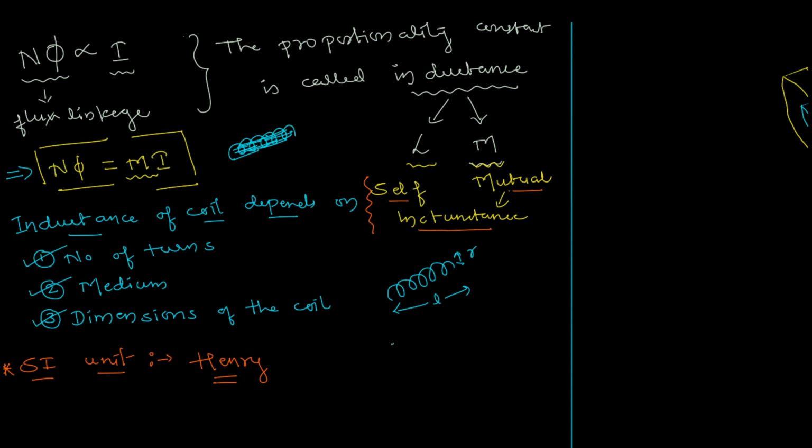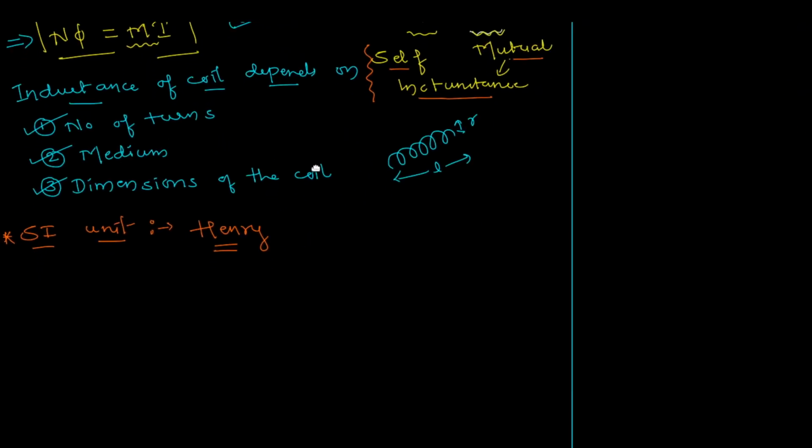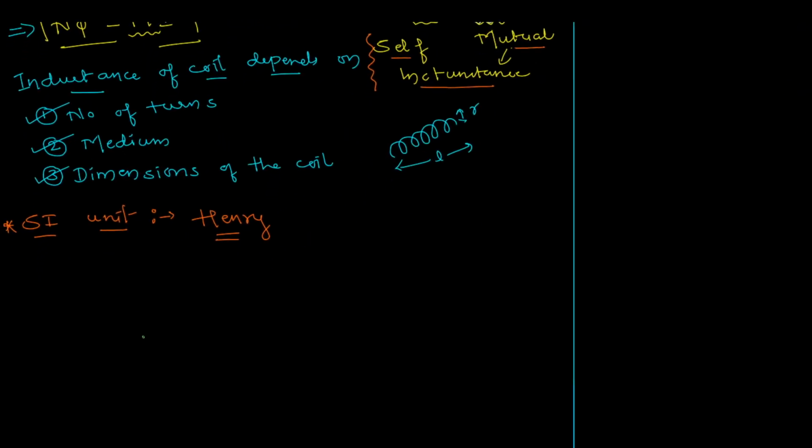Let's say I have a single coil. Let's talk about self inductance first. I have a coil, more like a solenoid, and let's say you pass some current in this coil.